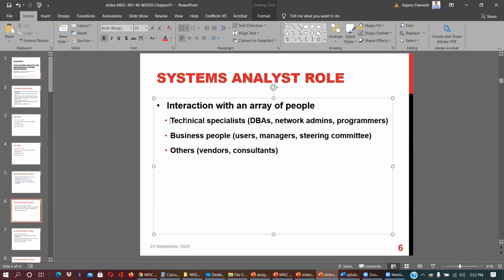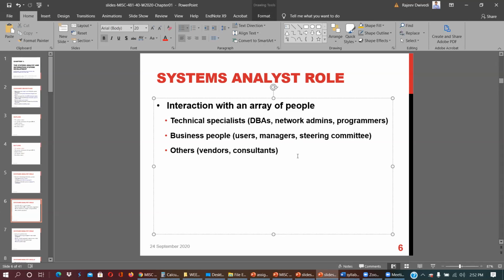It's quite fine for technical specialists, database, network, programmers, because that is the same domain. But interacting with business people is quite challenging: users, managers, steering committee, financial committee, and so on. It's very challenging, along with other stakeholders: vendors, consultants, and different government agencies.